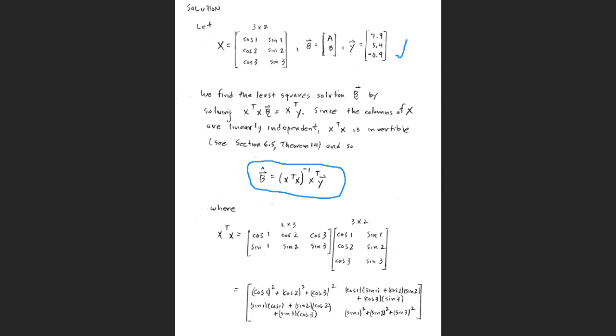And it works because the columns of the design matrix X are linearly independent, meaning that every piece of data that we collected is contributing something new to the understanding of the area we're studying.